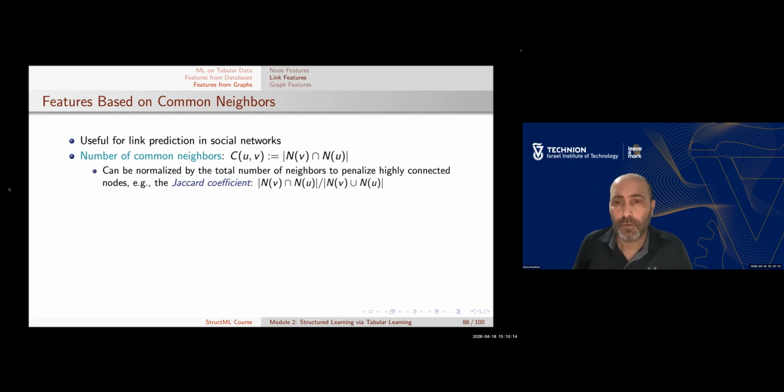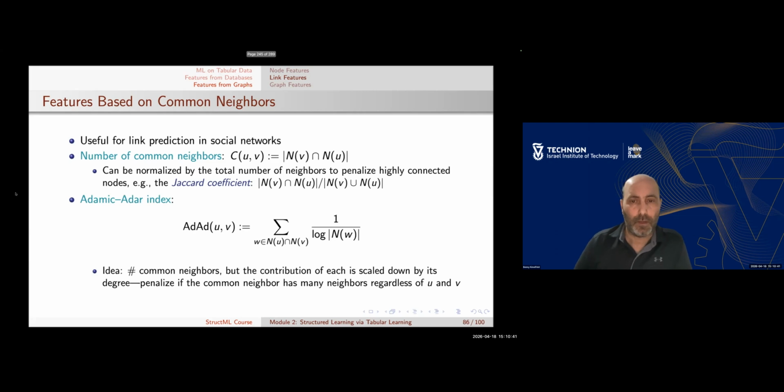And you can also normalize it by taking the common neighbors and dividing by the total number of neighbors of V and U. This is actually the Jaccard coefficient of two sets: the size of the intersection of the sets divided by the size of the union of the sets.